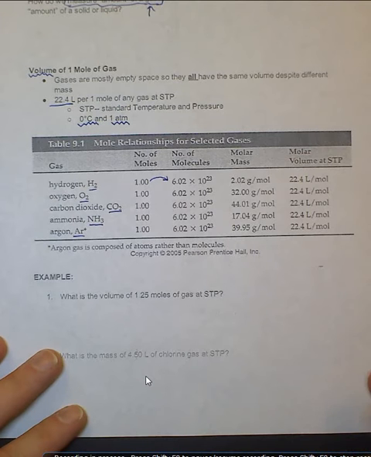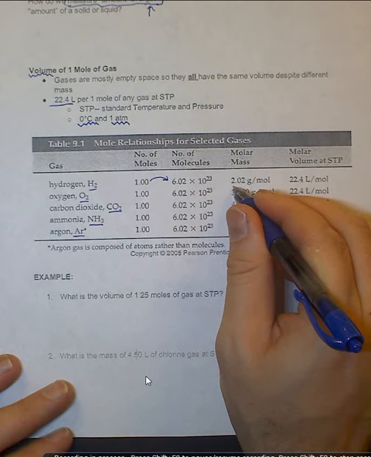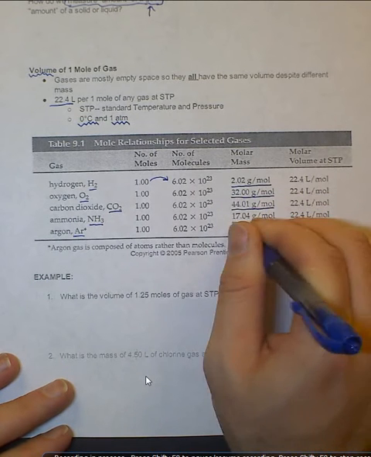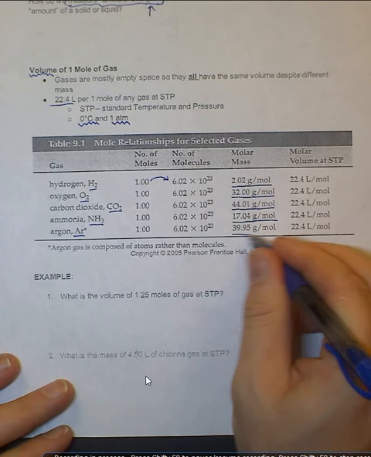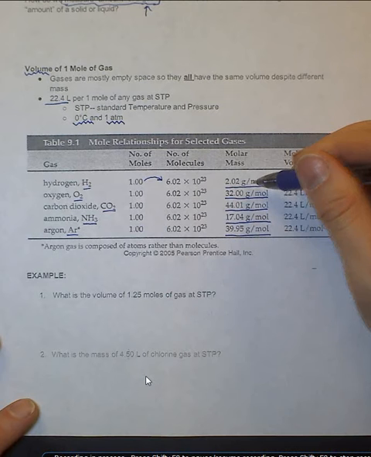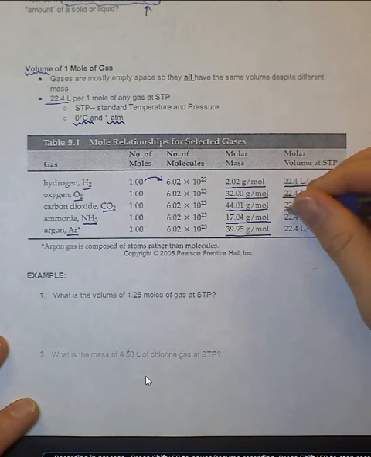Over here we have their molar mass, which is already done for you: 2.02 grams per mole, 32, 44.01, 17.04, 39.95. This is how much they weigh. And over here, this is how much space they take up: 22.4 liters for every 1 mole.